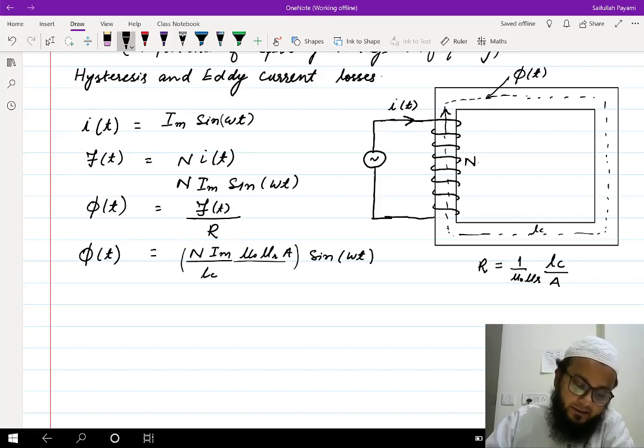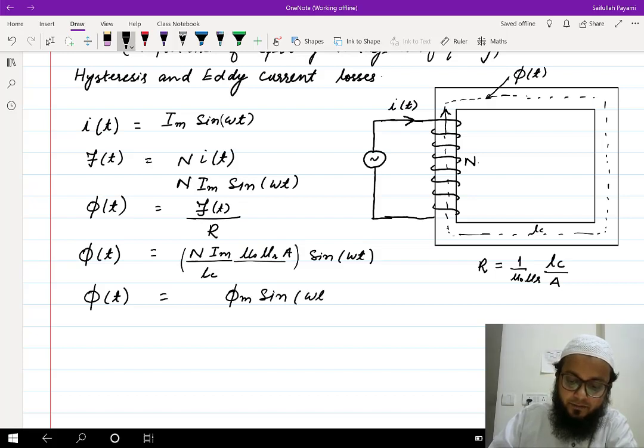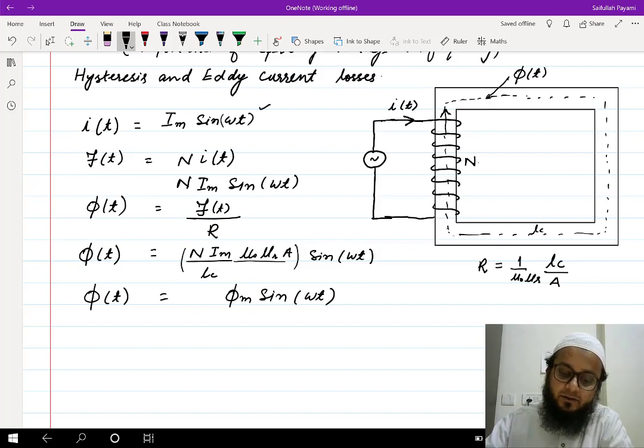So let's say this quantity is phi m. So if my current is Im sine omega t, my flux is also sinusoidal, phi m sine omega t. So I am representing it by phi m.